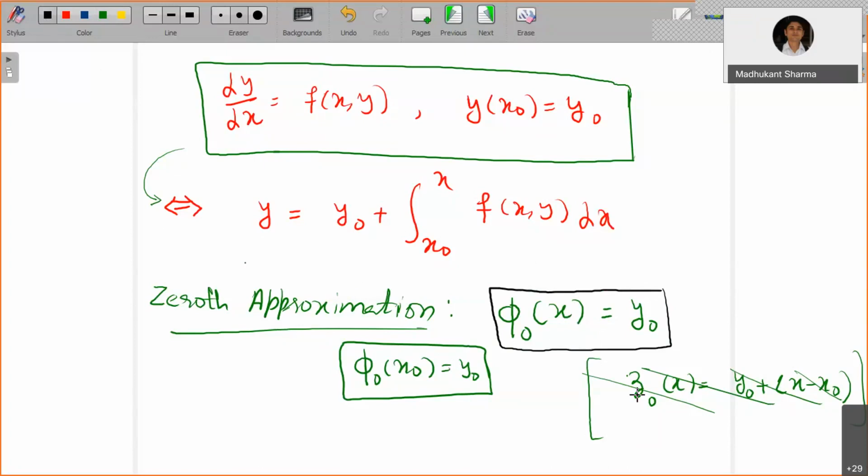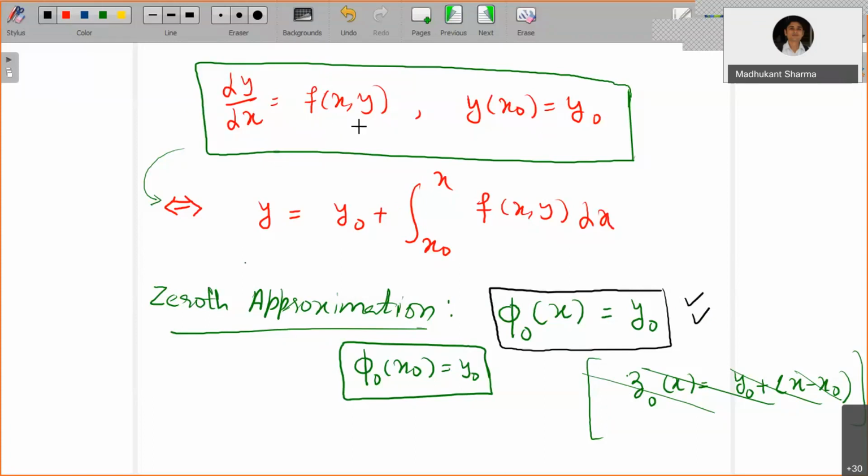Now, once you have decided the zeroth approximation, phi naught x equals y naught, you are looking for a new solution of the problem dy by dx equals f of x, y, with y at x naught equals y naught. You want to construct the new solution by using phi naught. Let's say that is phi 1, where the right hand side is replaced in terms of known things.